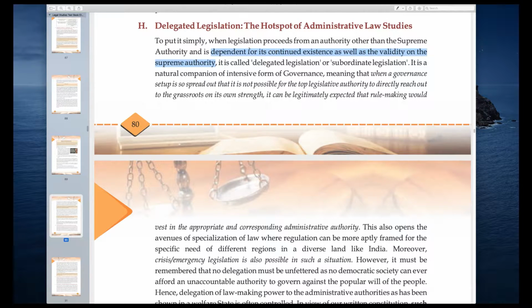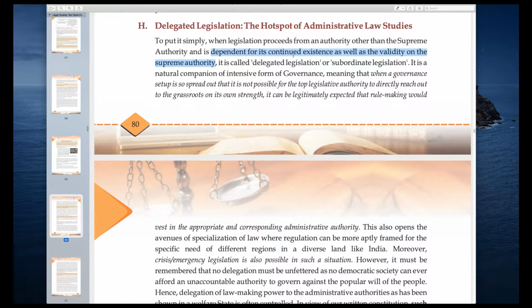But I will go back again here. Dependent for its continued existence as well as the validity on the supreme authority. So what does that mean? Whatever delegated power is given to the respective administrative body, if it makes something, those provisions are ultimately dependent on the supreme authority.